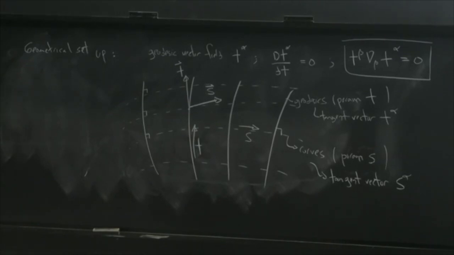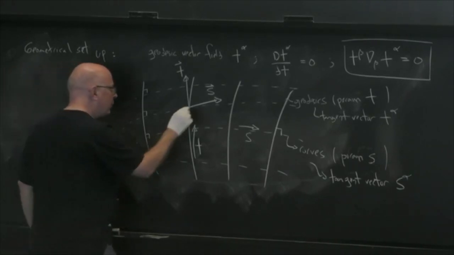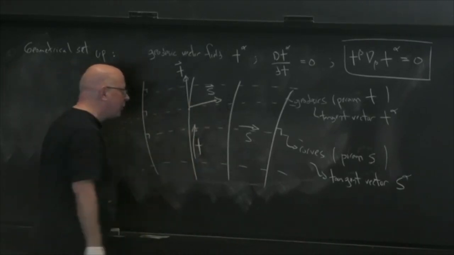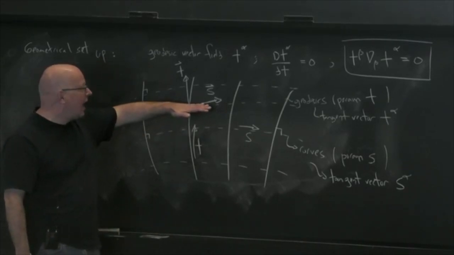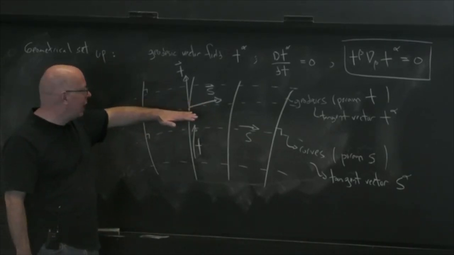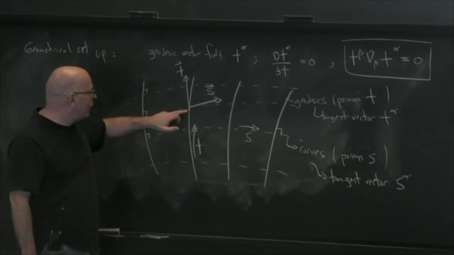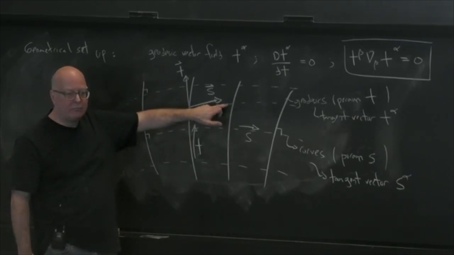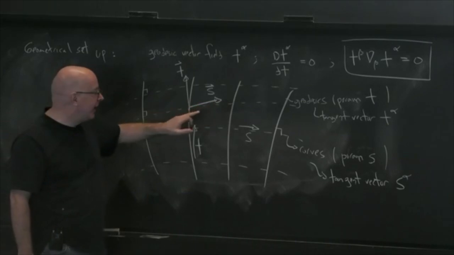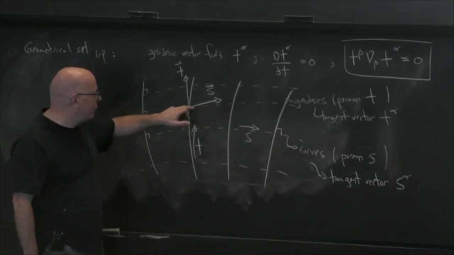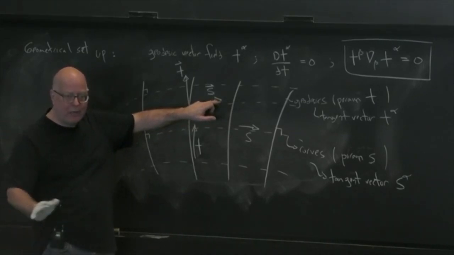Okay, so what's going to play the role of a deviation vector here? The thing that we're not allowed to do in space-time is to draw an arrow, but the next best thing is to use this tangent vector s as a notion of going from one geodesic to another geodesic. So we're not actually saying that it points from one point on one geodesic to another point on that geodesic. We're not allowed to say this.